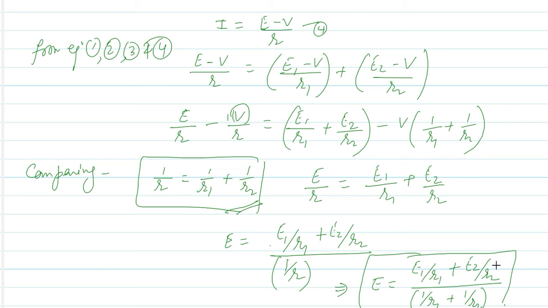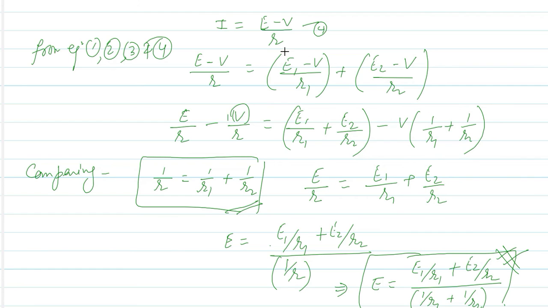You would simply continue such type of terms in the numerator as well as in the denominator. In the numerator write E3 by R3 plus E4 by R4. In the same manner in the denominator write 1 by R3, 1 by R4 and so on. If you simplify it, then you won't be able to write the direct formula in the case of 3 cells, 4 cells, or more than 2 cells, right? So I would suggest you to just remember this formula directly.